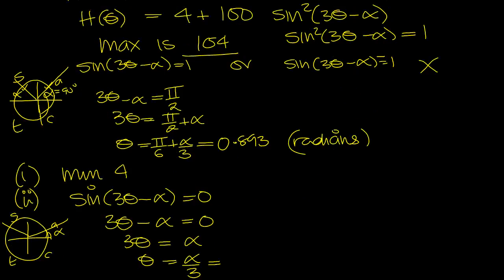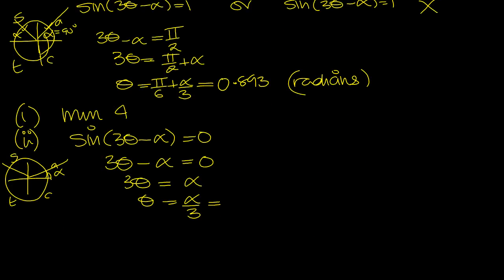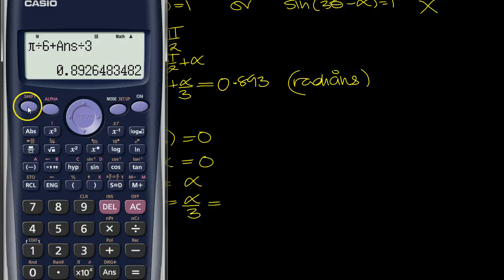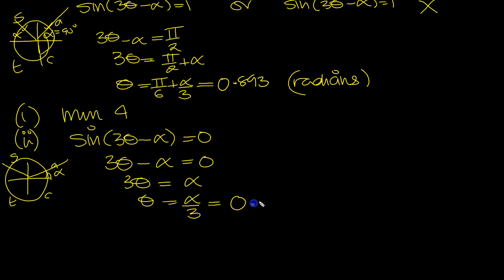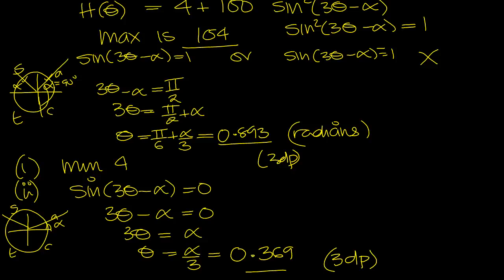Okay, alpha's shift tan 2. So theta down here, shift tan 2 divided by 3, is 0.369. That was the 3dp, and this is the 3dp. And there's the values of theta where these values occur, smallest values of theta.